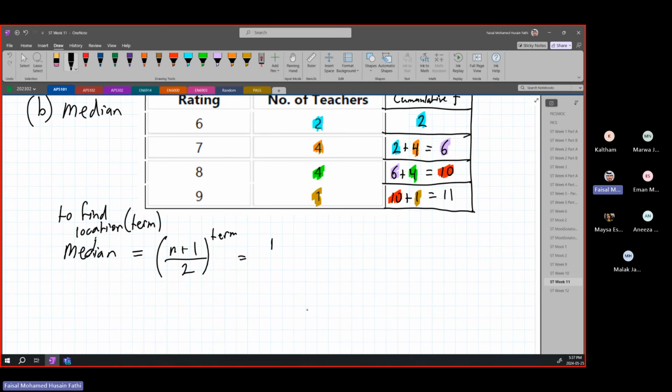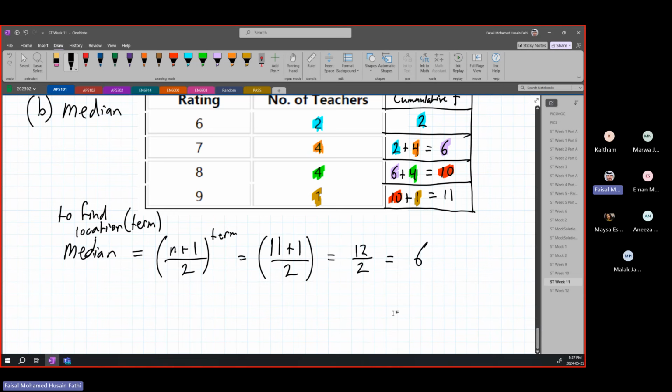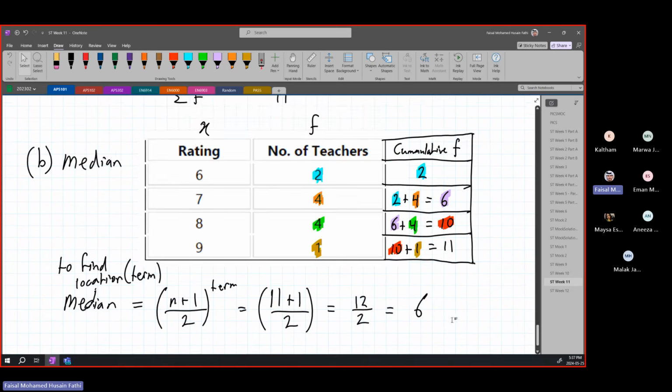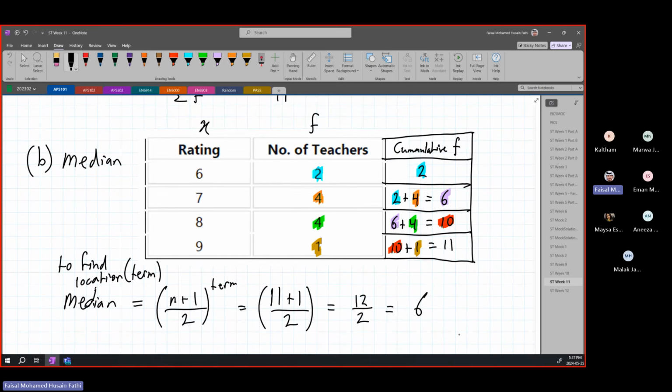So here we know that our n is 11, plus 1 over 2, which is equal to 12 over 2, which is equal to 6. So now we know it is going to be our sixth term.